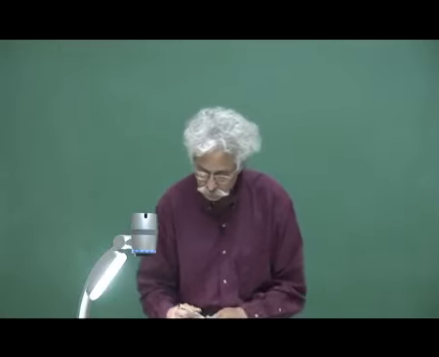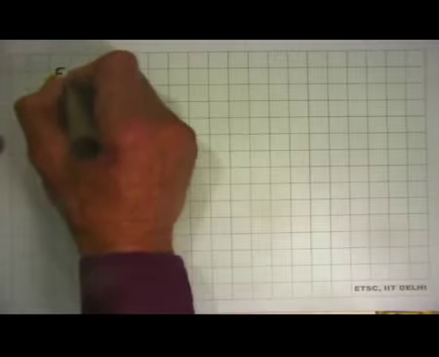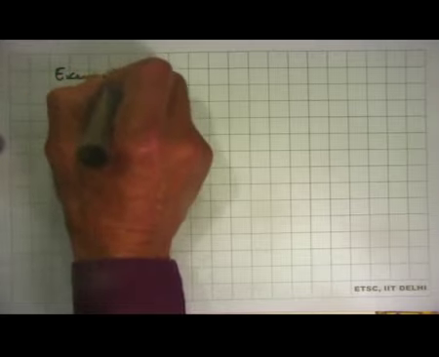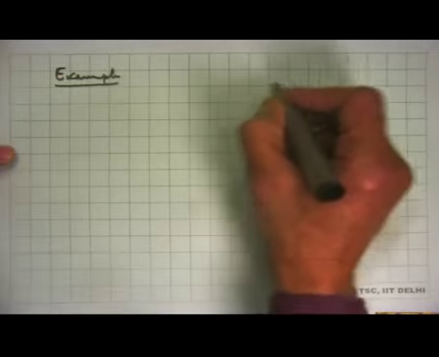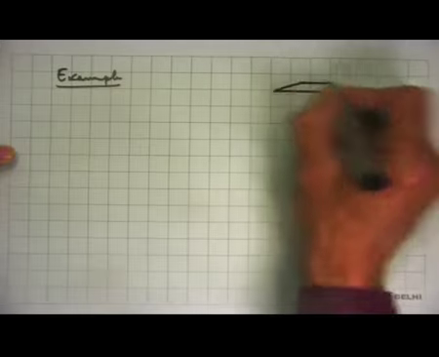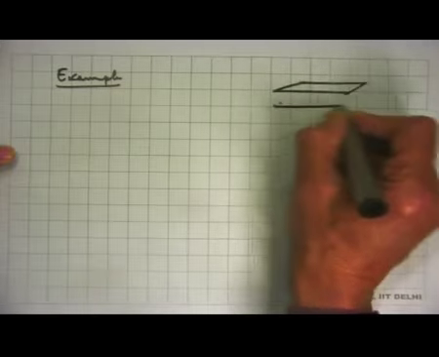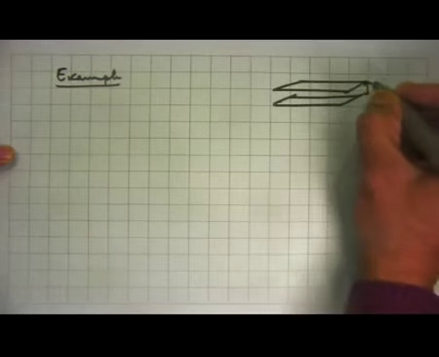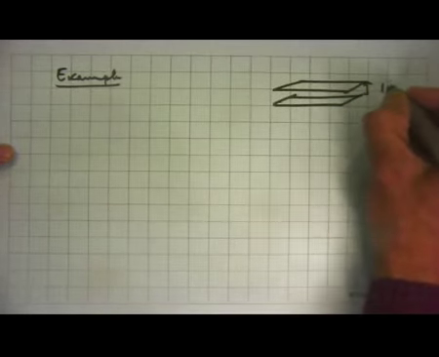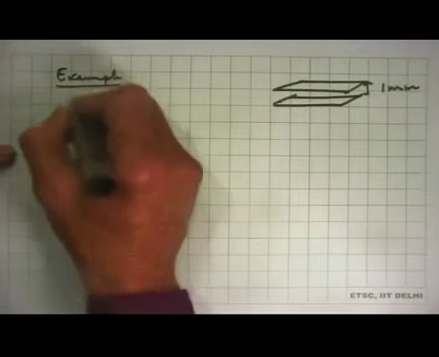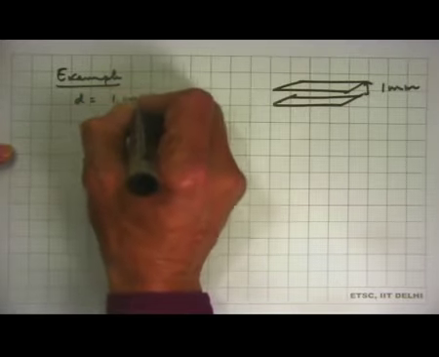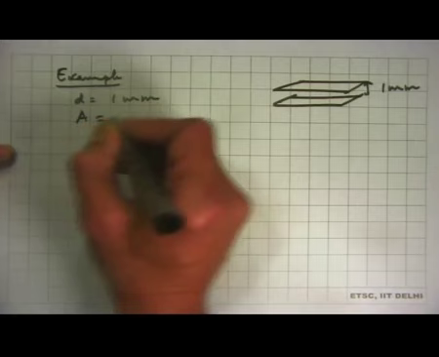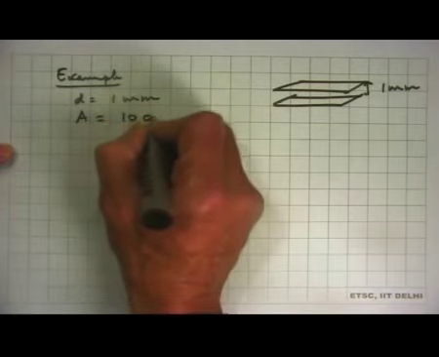So, let me take an example. Let me take two plates. Let me assume the separation is 1 millimeter. So, d is equal to 1 millimeter, and let me assume an area of 10 centimeter square.